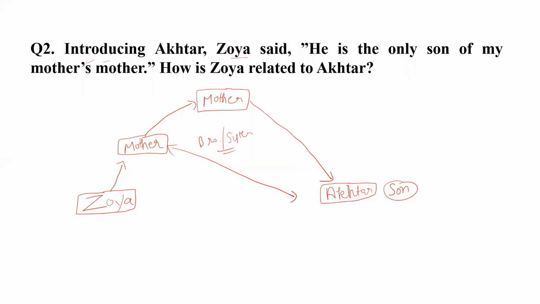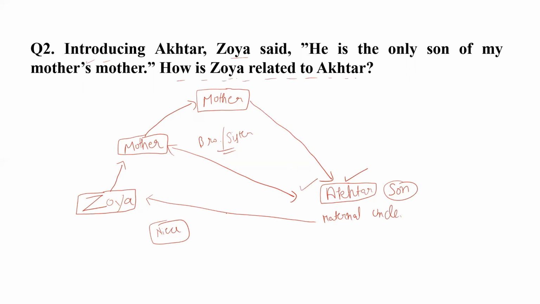That ultimately means that this man should be the maternal uncle of Joya. So that ultimately means that Joya should be the niece of Akhtar. So this is all about that. Okay, so this is how Joya is related to Akhtar.